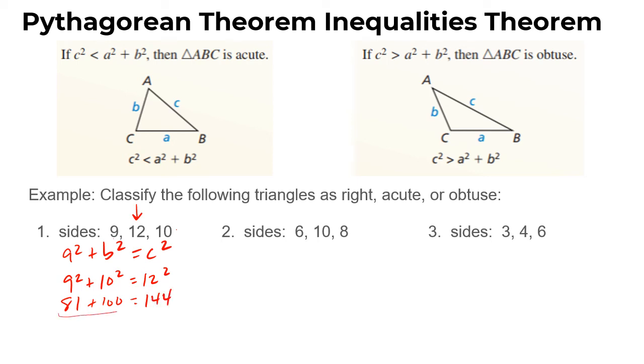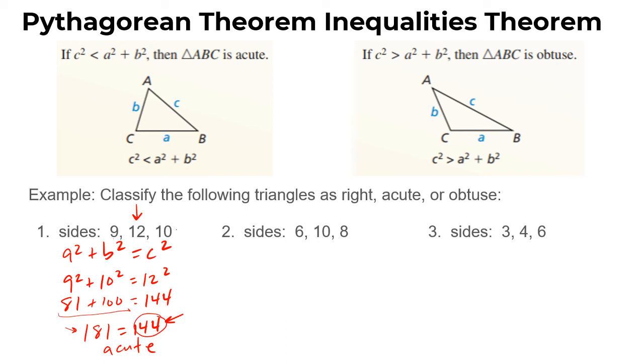If we add these two together on this side of the equation, we get 181. And you'll notice that the hypotenuse squared, this number, is smaller than this side over here. So that tells us this is an acute triangle because this number is smaller.